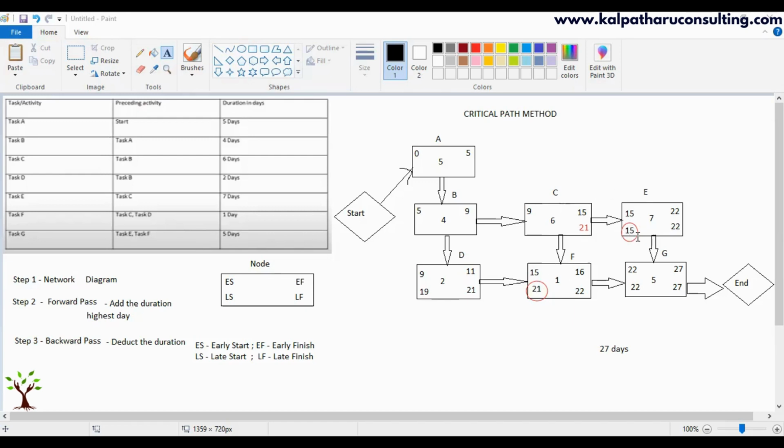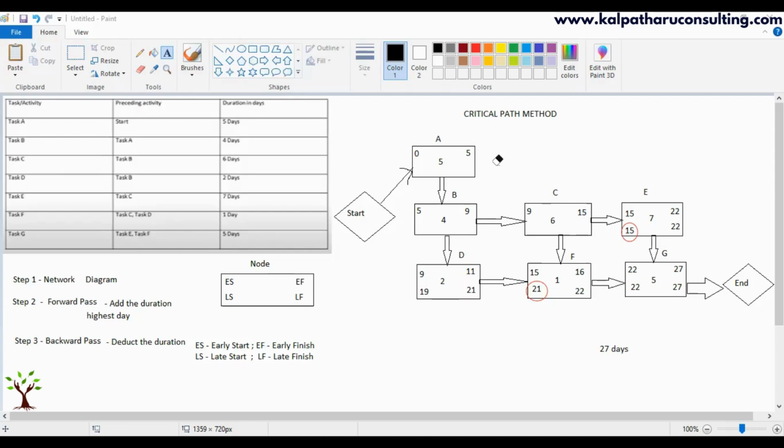When is E supposed to start? 15th. Right. But if C is completed on the 21st day, can we start E on the 15th day? We cannot, right? No. So between 21 and 15, taking 21 would not be the right choice, right?